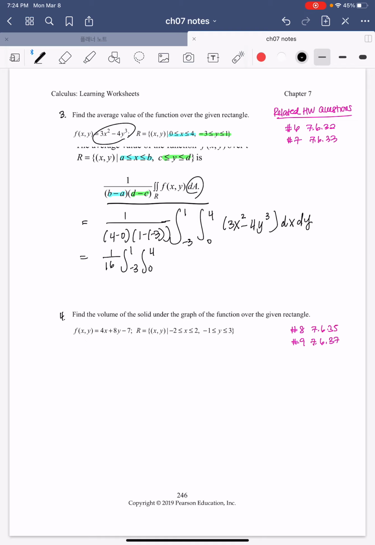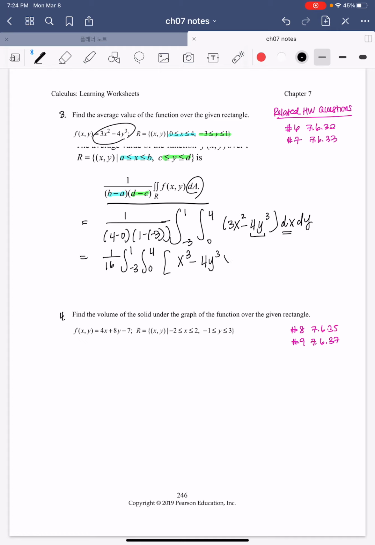Because I'm integrating the x term first, this y term is a constant. So this part is constant, and this is the one that we want to integrate. So raised power divided by new power. So I'm going to have a first term x cubed. This is a constant when you take the derivative with respect to x, so I'm going to have 4y constant.